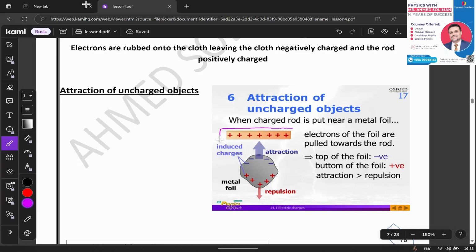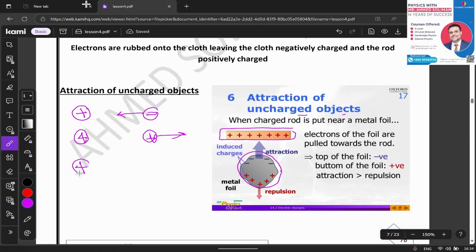What if we have a charged object closer to a neutral object? What will happen? Attraction of an uncharged object. So we said before, positive and negative attract, positive facing positive repel.